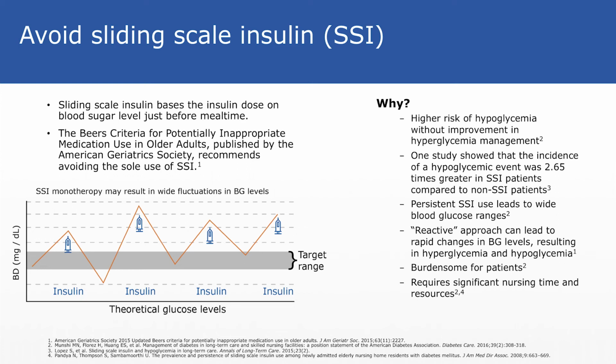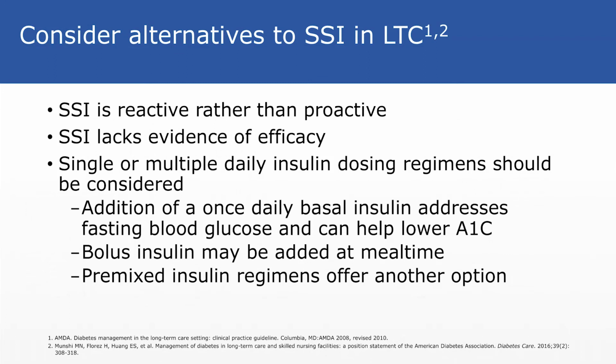And it requires significant nursing time and resources compared to other administration methods. In addition, one study showed that the incidence of a hypoglycemic event was over 2.5 times greater in sliding scale patients compared to non-sliding scale patients. Sliding scale insulin is reactive rather than proactive.